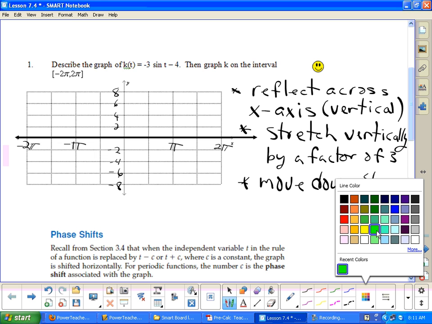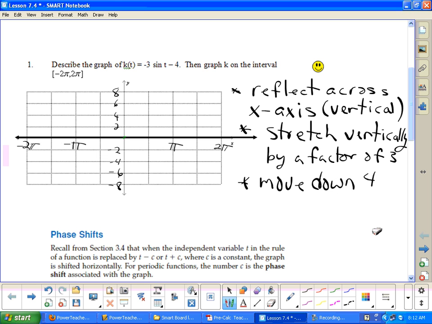So here's the graph of sine. Remember our graph of sine, so we're at 0, 1, 0, -1, 0, and so on. All right, so the graph of sine is here.